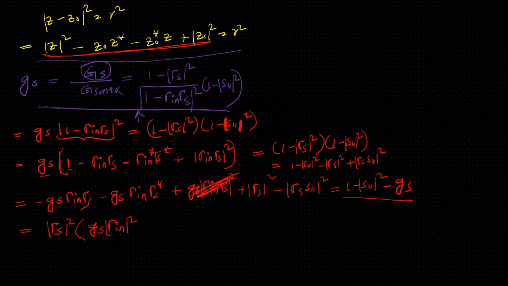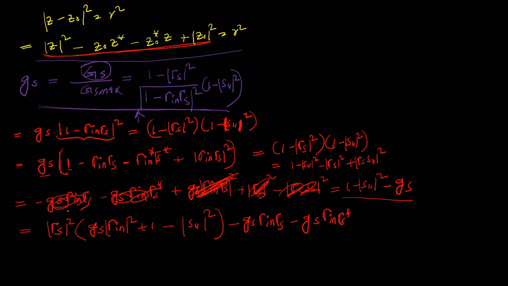This part is gone, this part is also gone, plus 1, and this part gone, minus |gamma S| whole square, already taken as common, 1 whole square, and we are left with GS gamma in gamma S minus GS gamma in gamma S star equal to 1 minus |S11| whole square minus GS.